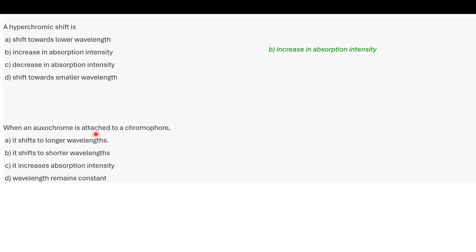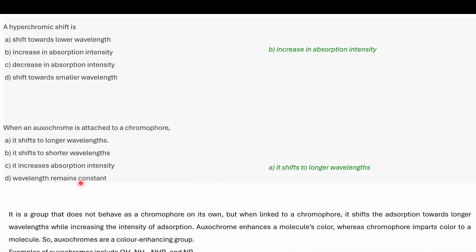Now, when an auxochrome is attached to a chromophore, what will actually happen? Will there be a blue shift, red shift, a hyperchromic shift, or a hypochromic shift? It will shift to longer wavelengths. An auxochrome is a group that does not behave as a chromophore on its own, but when it is linked to a chromophore, it shifts the absorption towards longer wavelengths while increasing the intensity of absorption.